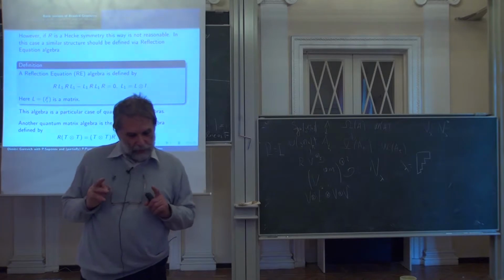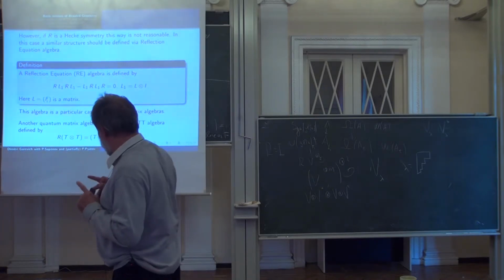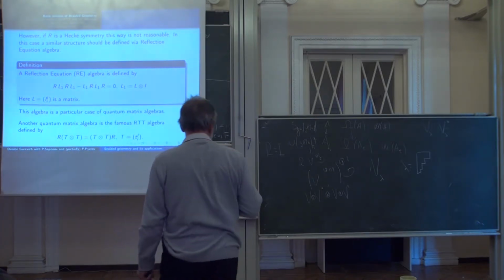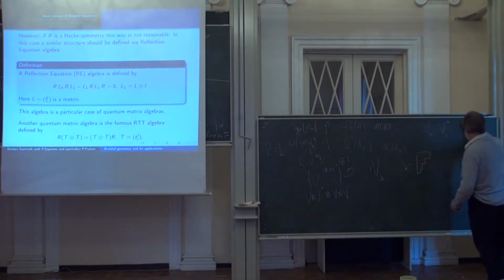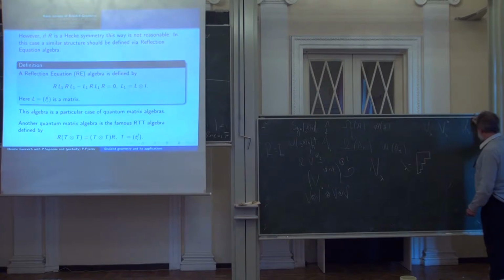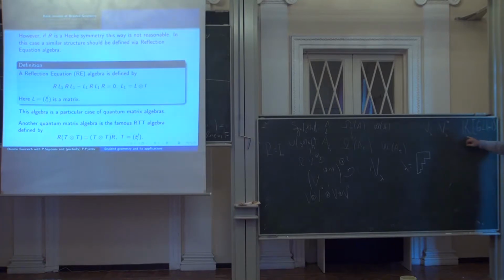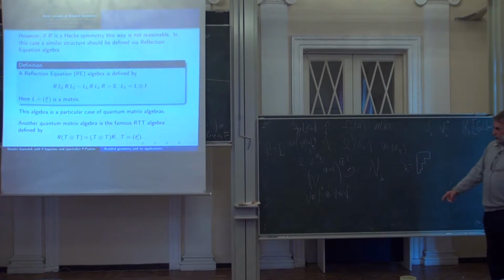Finally, my viewpoint is a little bit different, because I would like to say that finally we have the algebra of functions on the group GL(m), and it's possible to deform this functional algebra in two different directions. The first direction, if we quantize it, we get the RTT algebra.